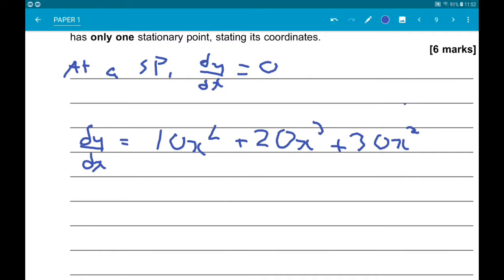So 10x to the 4 add 20x cubed add 30x squared is equal to 0.